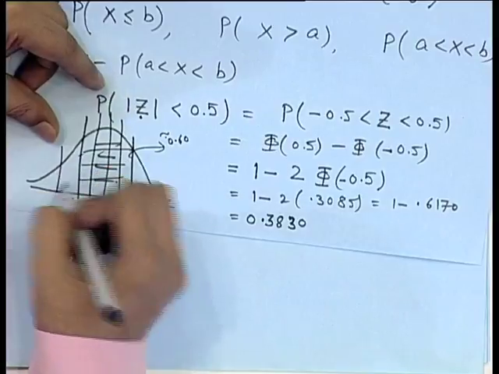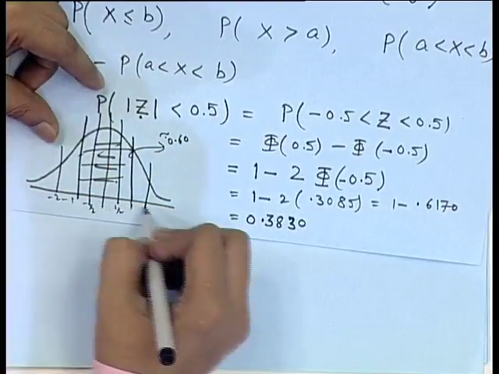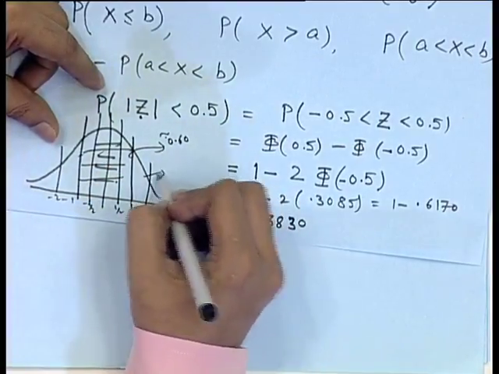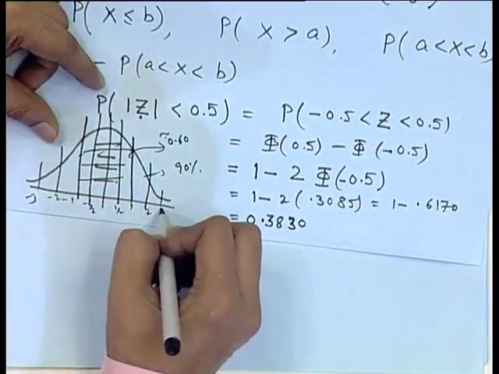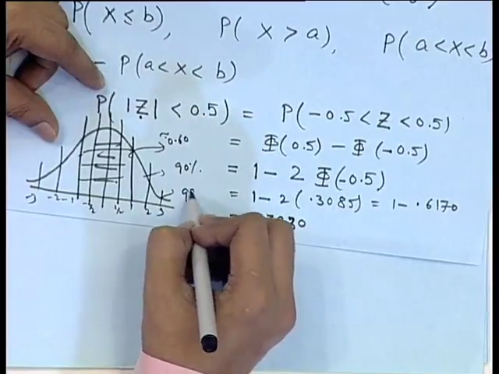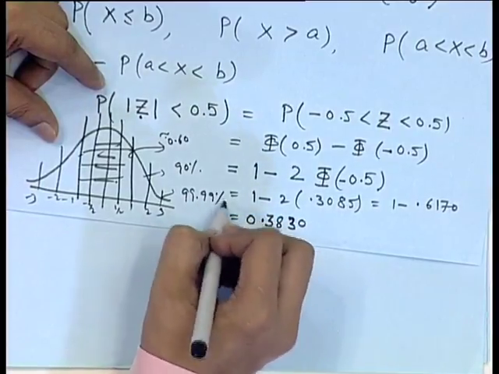If we consider minus 2 to 2, this consists of more than 90% of the probability. If we consider minus 3 to 3, this consists of more than 99.99% of the probability.